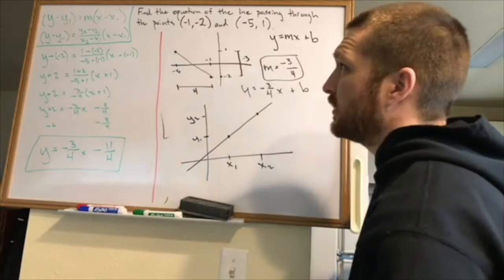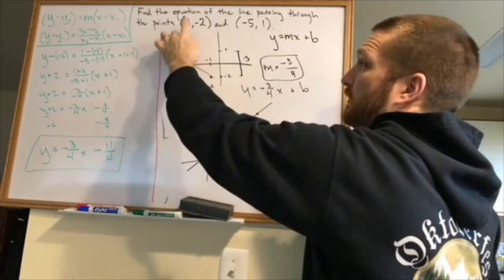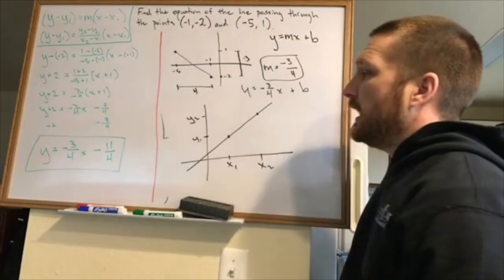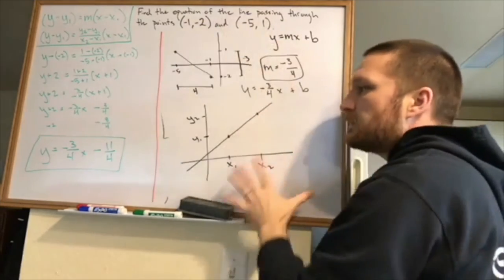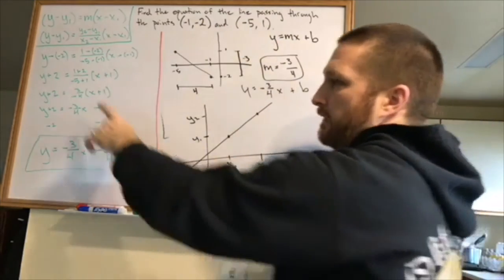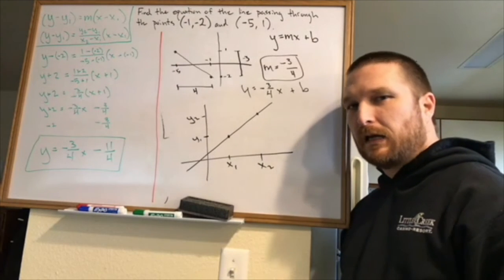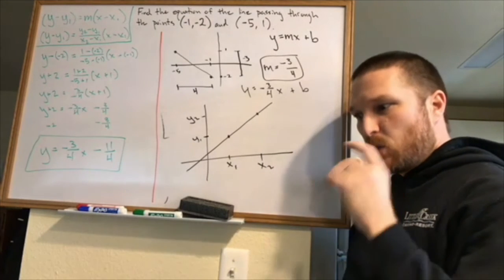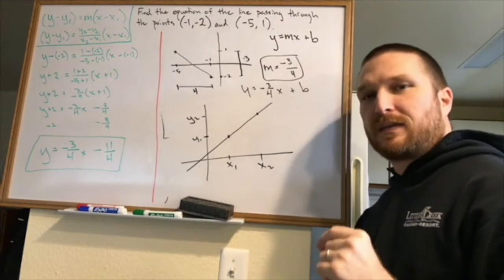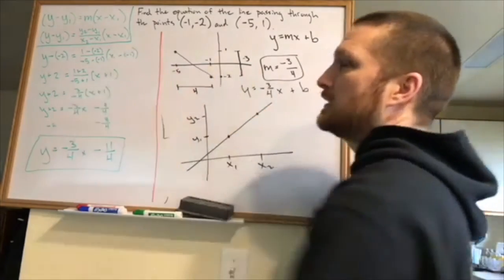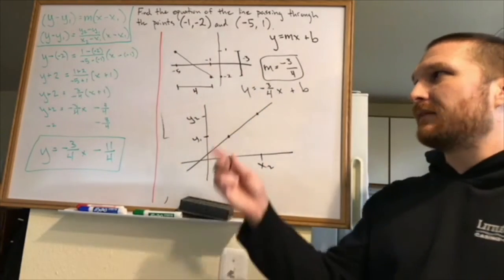Or better yet, start off with this question, but with x1, y1, x2, y2, and just go through this method to derive this the same way that I did at the beginning of the video. Do that so that you believe it yourself, that yes, it's true. Then once you know that, you'll probably never forget that.